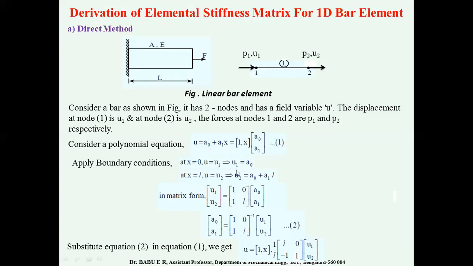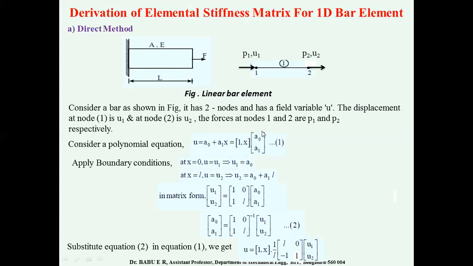Now these two equations I will write in matrix form: u1 comma u2 equals, so here we have only a0, a1 is not there, so it is 0. So when you remove a0, we'll get 1, the second term is 0. In this equation, when you remove a0 and a1, here you will get 1 and L, 1 comma L into a0 and a1.